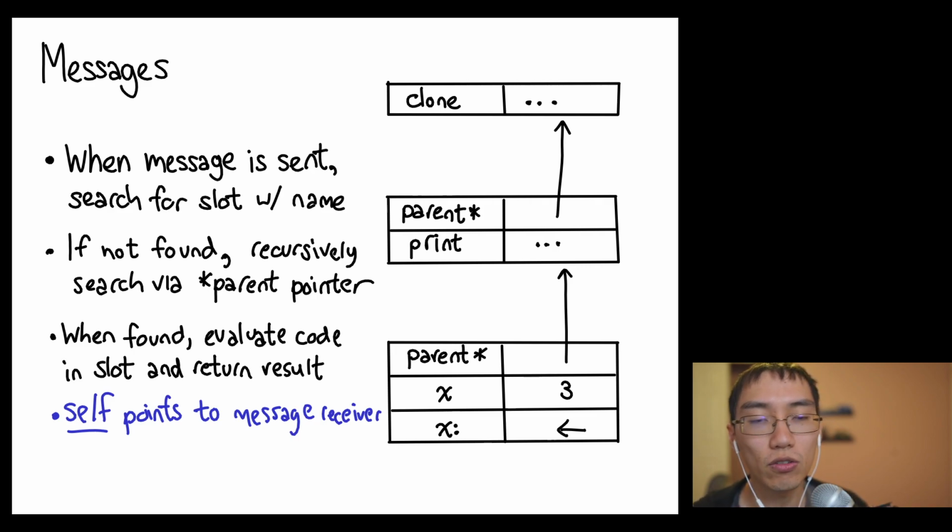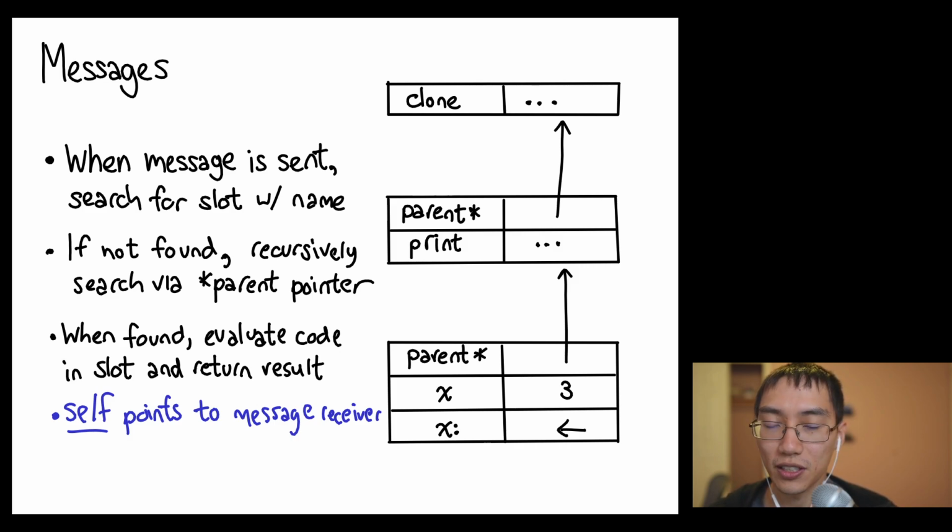And if I don't find the slot, then I will recursively search the parent pointer looking for it. So if I pass the message print to the object on the bottom, there's no print field here. So I'll go up the parent and then I'll look for the print field there. And then when I find it, I'll evaluate the code in the slot to actually do the operation in question.